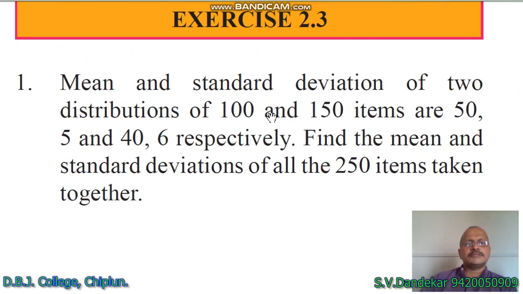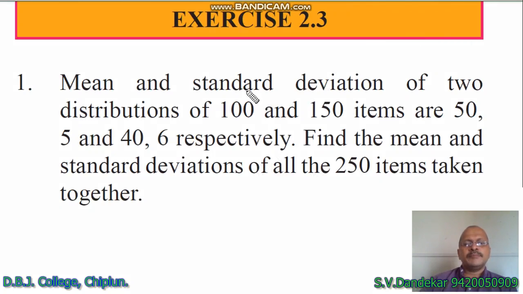Let us see exercise 2.3. The mean and standard deviation of two distributions of 100 and 150 items are 50 and 5, and 40 and 6 respectively. Find the mean and standard deviation of all 250 items taken together.